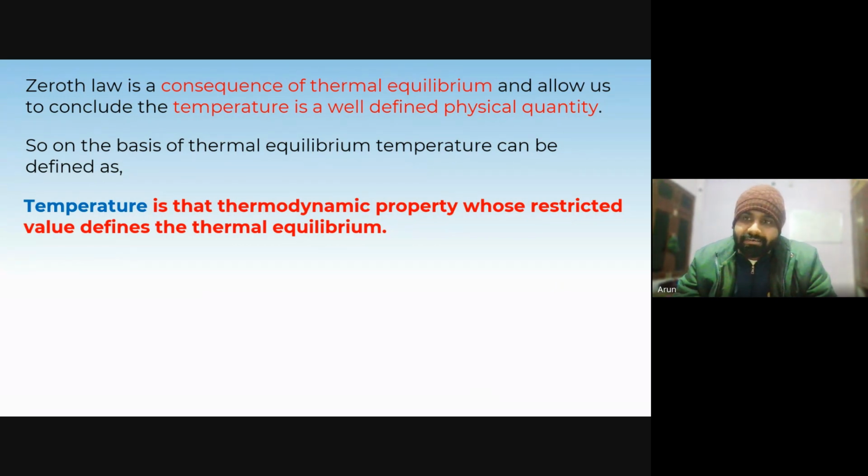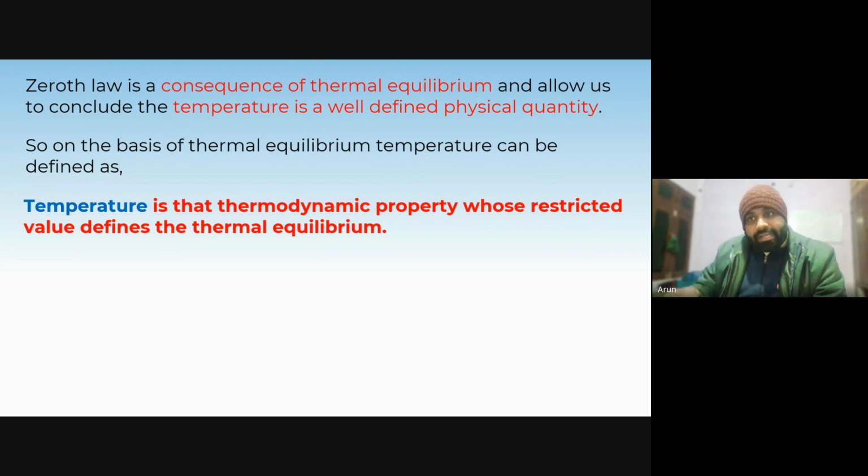The zeroth law was discovered after the first and second laws of thermodynamics, very much later. But in the first law and in the second law, we had already been using temperature. And the zeroth law tells us about the fundamental of temperature: what is temperature? That is why we have numbered it as zeroth, because this is telling the very fundamental physical quantity, which is temperature.